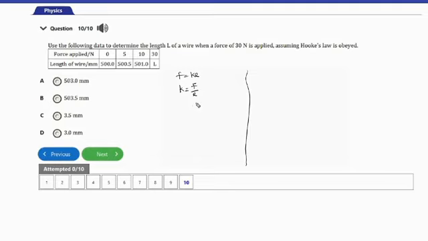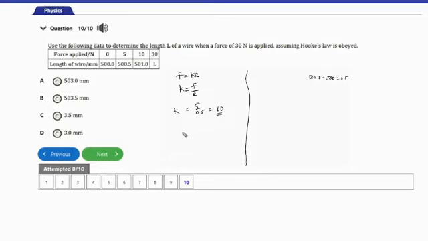So when a force of 5 Newton was then applied, the length changed to 500.5, meaning that the extension here is 500.5 minus 500, and that's 0.5. So we can simply get k by dividing 5 by 0.5, and that will give us 5 over 0.5 is 10. So k is now 10.